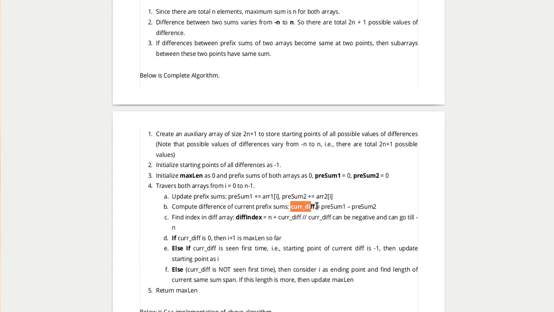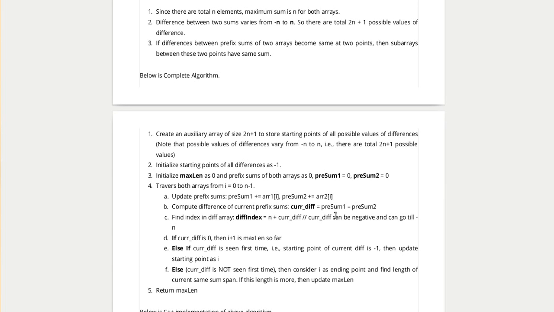If the difference at any point is 0, that basically means that so far the sum has been the same, because prefix sum is the sum of the elements from the 0th index to the ith index.